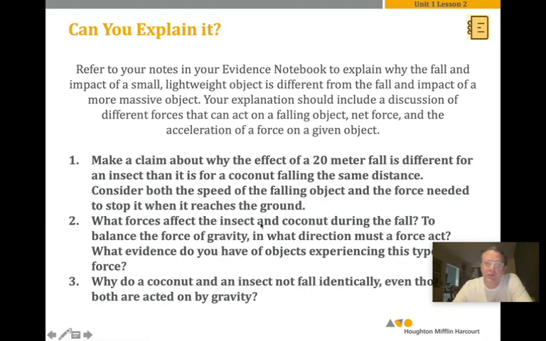Can you support it with evidence? Can you use Newton's first law? Can you use Newton's third law, that equal and opposite reactions happen? If I hit the ground hard, the ground hits me hard. You ever try that? Try winning a fight with the sidewalk. The sidewalk's usually going to win.